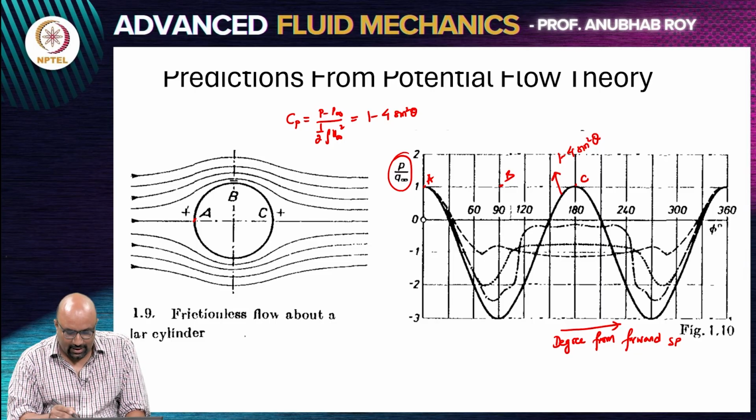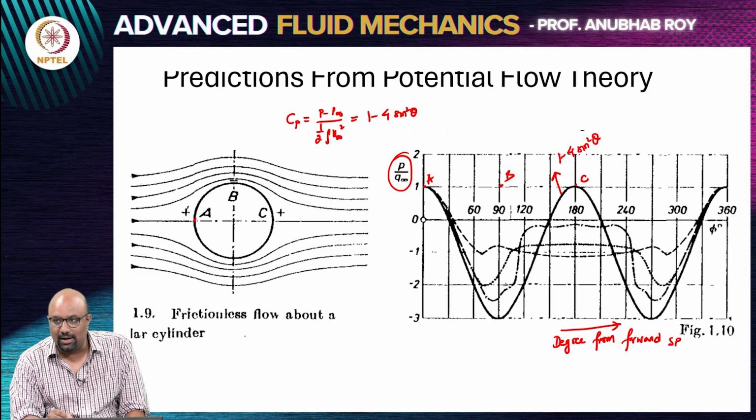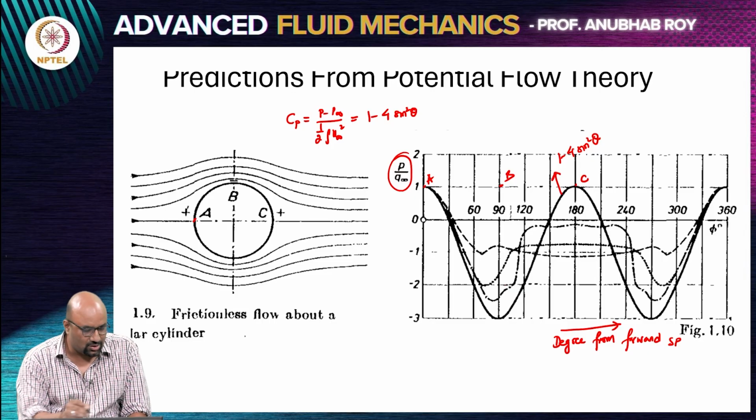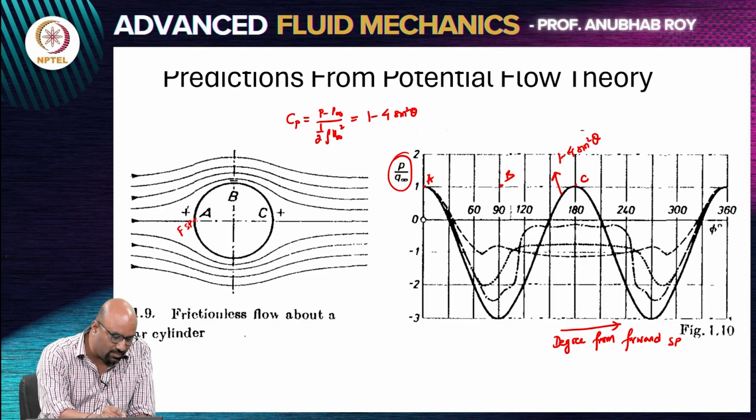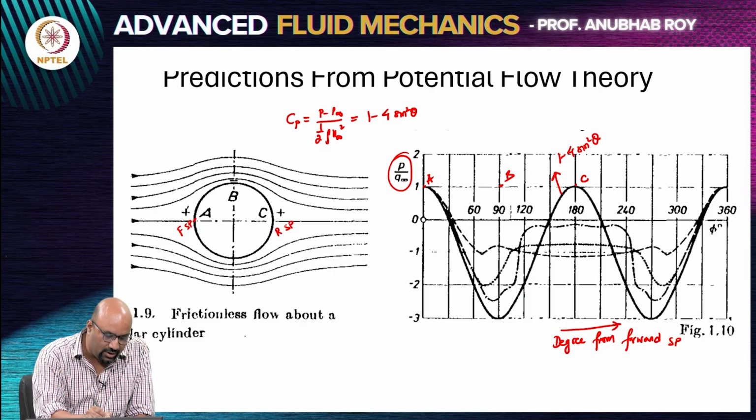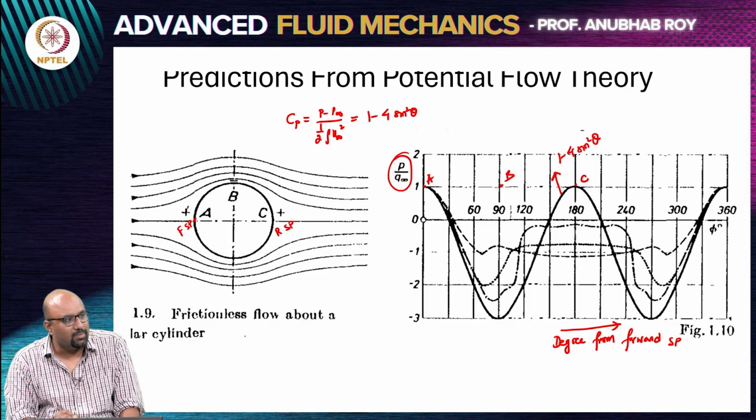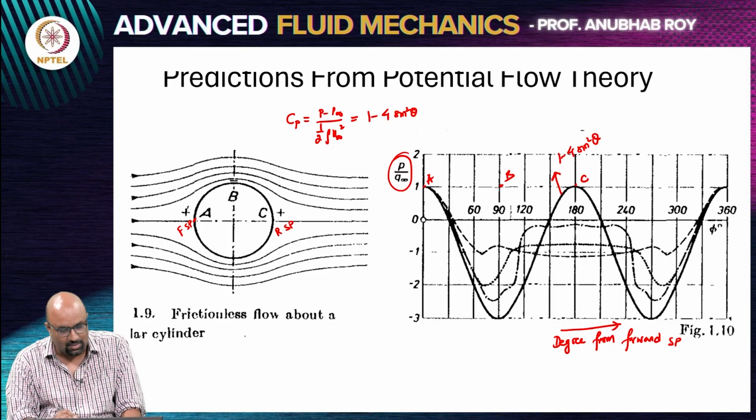The different dashed lines that you have are actually experimental results. So, you have a flow past a circular cylinder, and you measure the pressure starting from the forward stagnation point. This is your forward stagnation point, this is your rear stagnation point. You are trying to measure your pressure profile as you move away from the forward stagnation point.